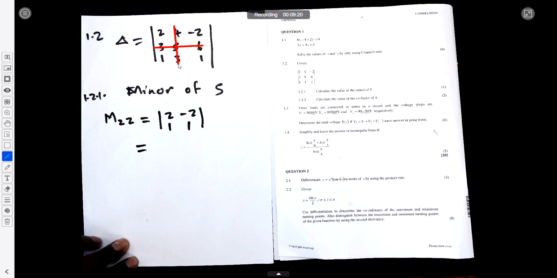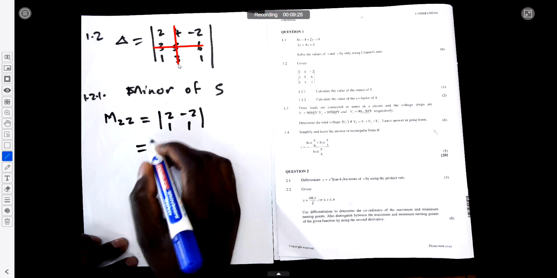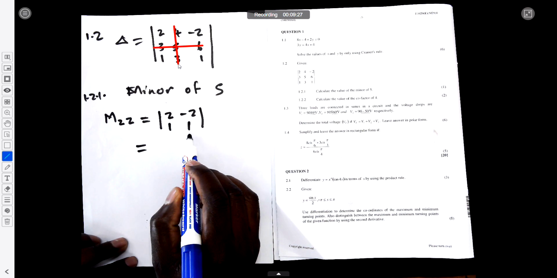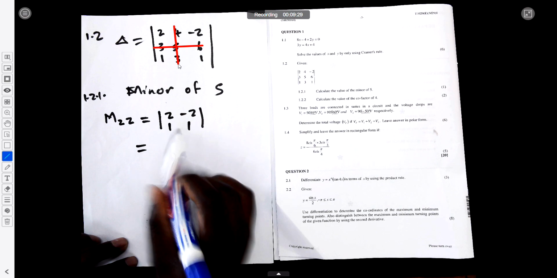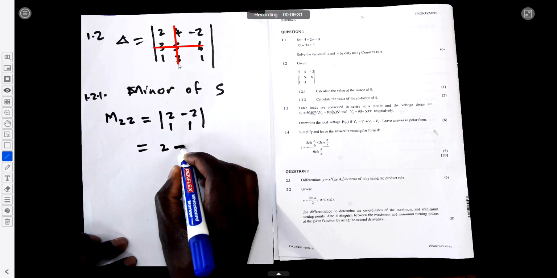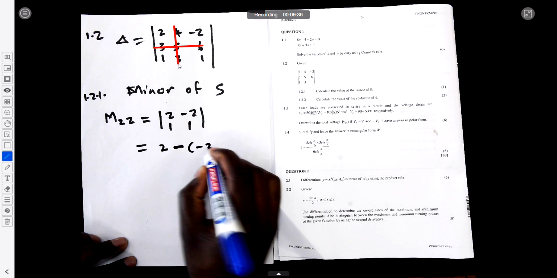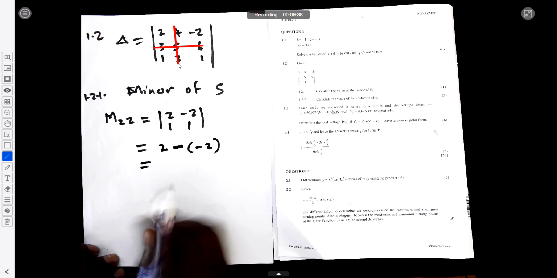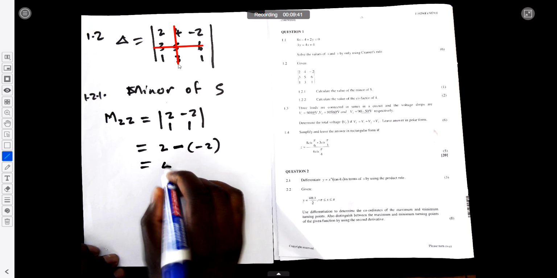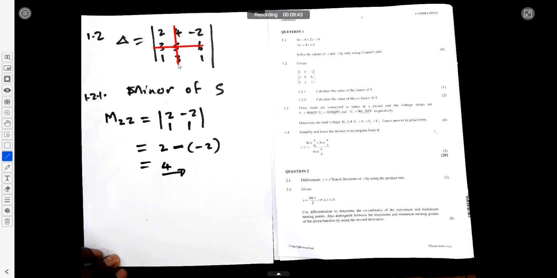So that is the minor of 5, and you get your 1 mark there.